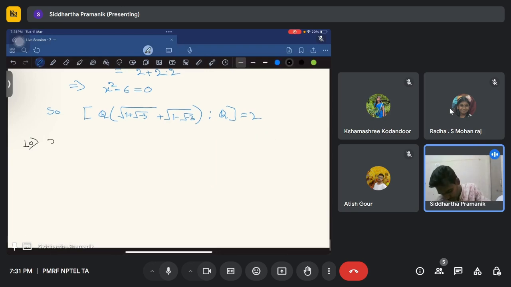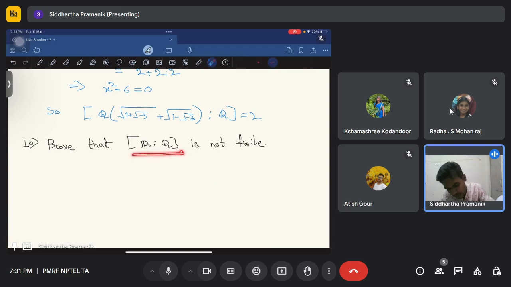So prove that the degree of the extension R over Q is not finite. Okay, so this extension is an infinite extension.